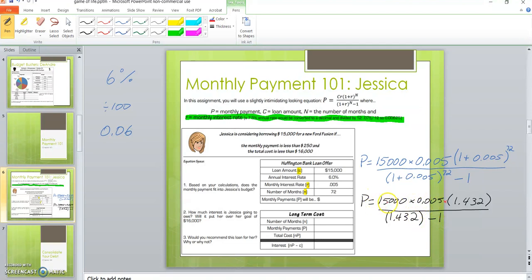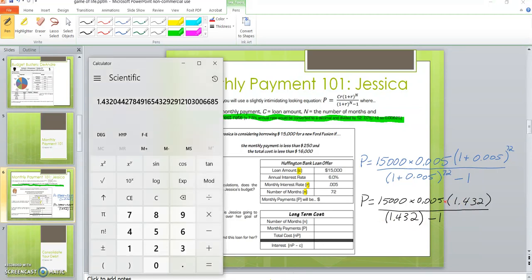So on the top, I'm going to be multiplying 15,000 times 0.005 times 1.432, which gives me 107.4.